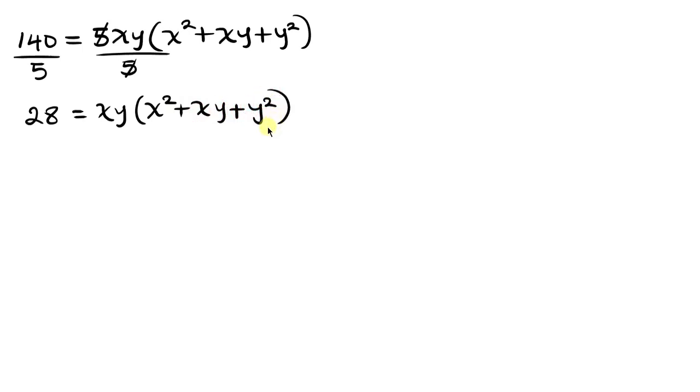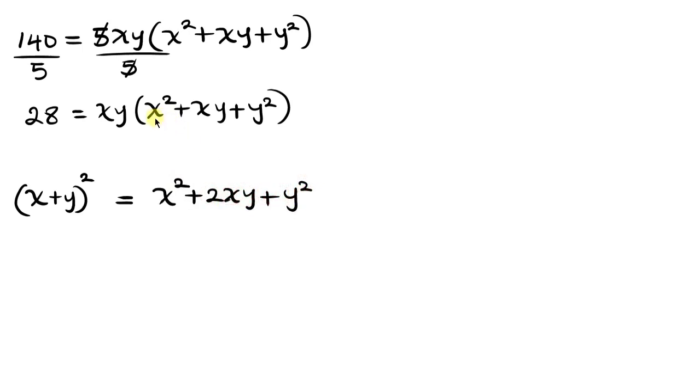Well, the expression inside of the bracket is very close to this perfect square, x plus y raised to the power of 2. Well, this expression is equal to x squared plus 2xy plus y squared.